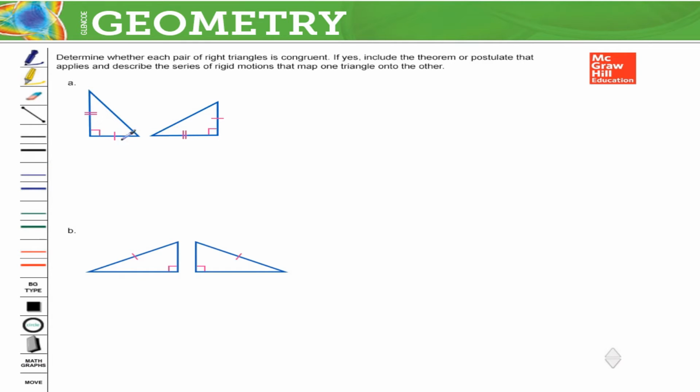Determine whether each pair of right triangles is congruent. If yes, include the theorem or postulate that applies and describe the series of rigid motions that map one triangle onto the other. The two figures in part A, you can see that we have a right triangle and one dash along the base and one dash along the altitude for the second triangle. Both pairs of corresponding legs are congruent, so that's important to note.